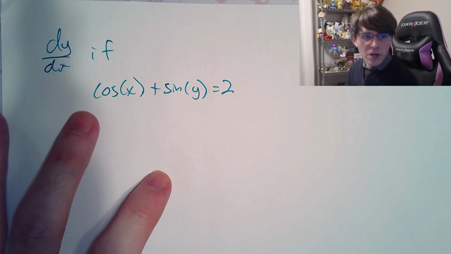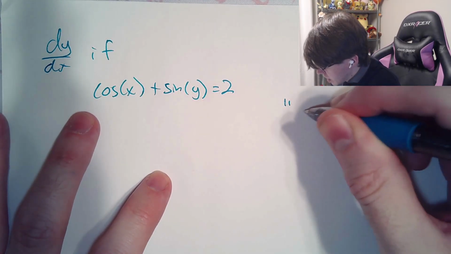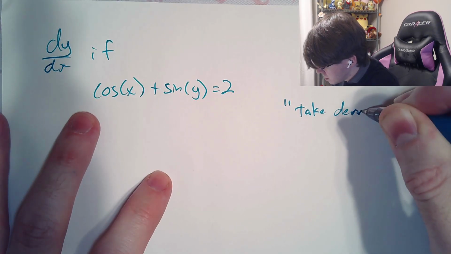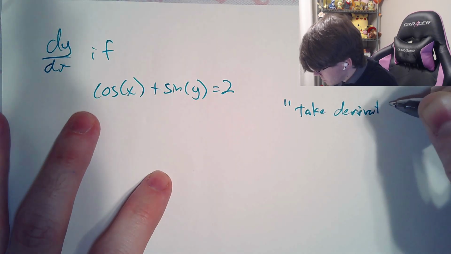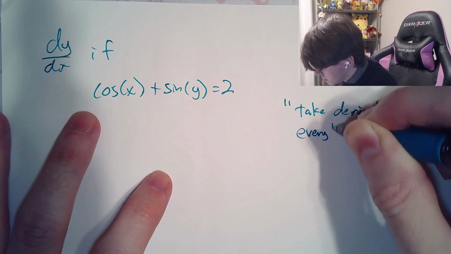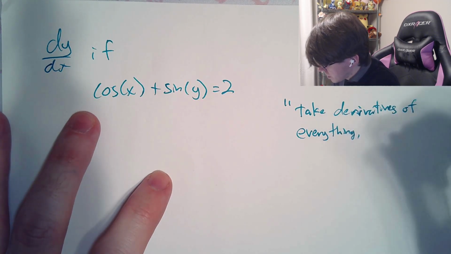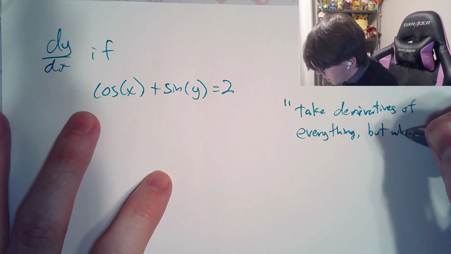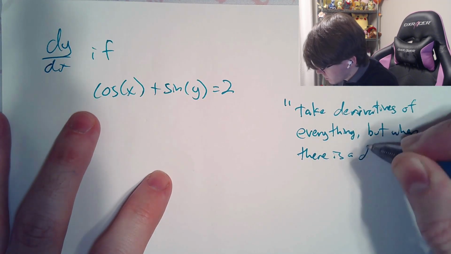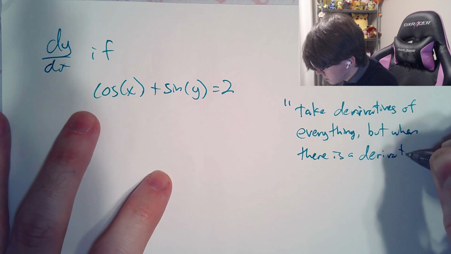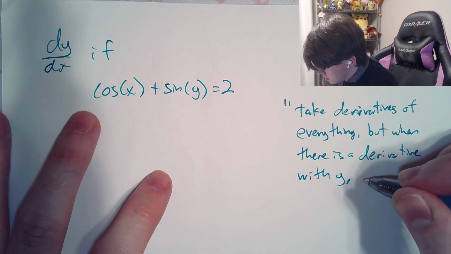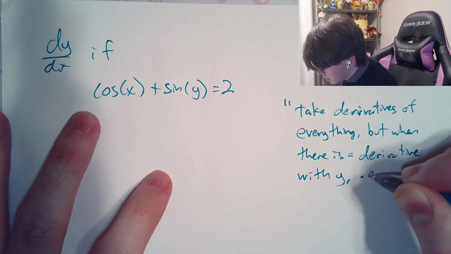Your general rule of thumb whenever you're doing a question like this is take derivatives of everything, but when there is a derivative with y, multiply by dy over dx.